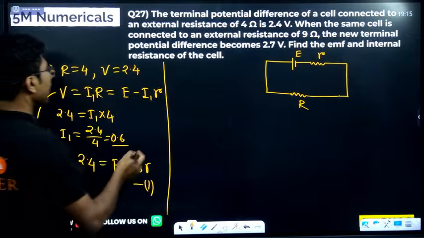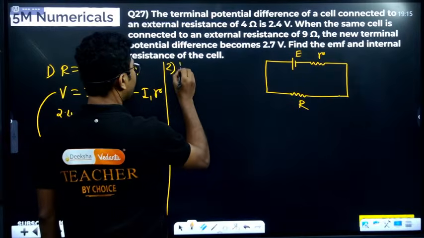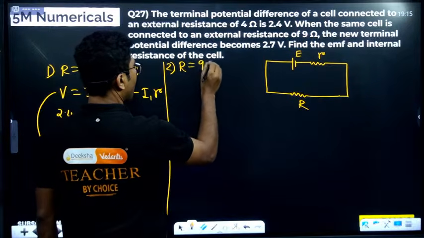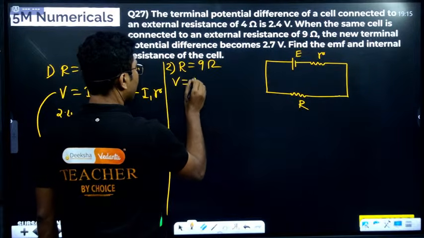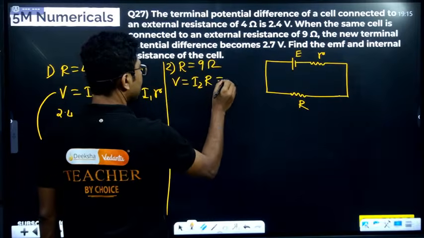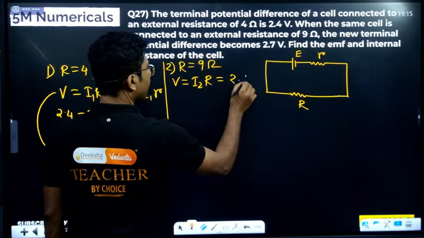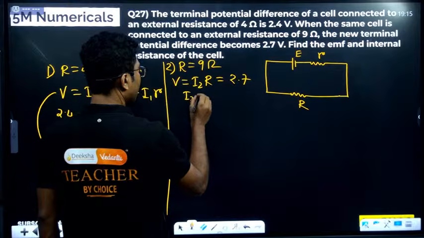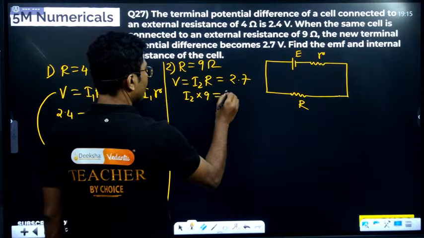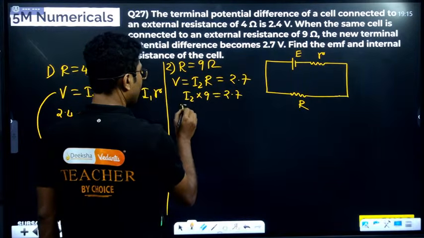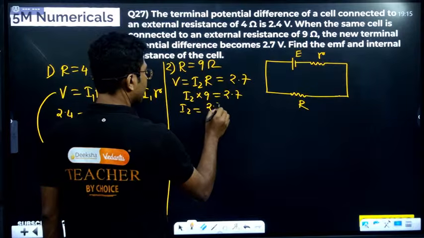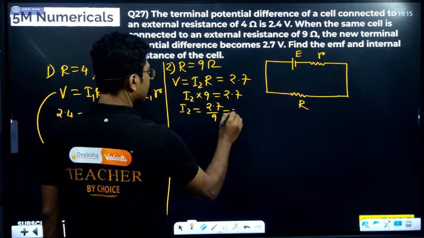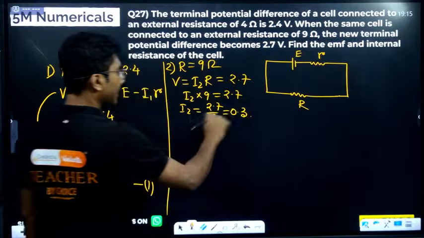In the second case, R is given as 9 ohm and V equal to I2R is given as 2.7 volt. So I2 is unknown, R is 9, so 2.7 equals I2 into 9, so I2 equals 2.7 by 9, that is 0.3.